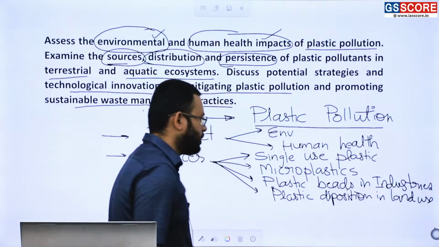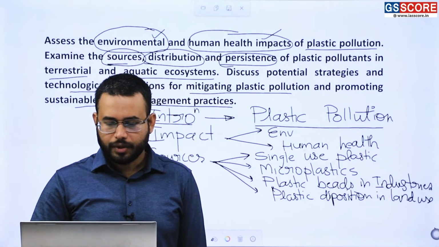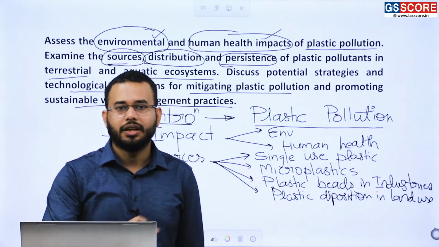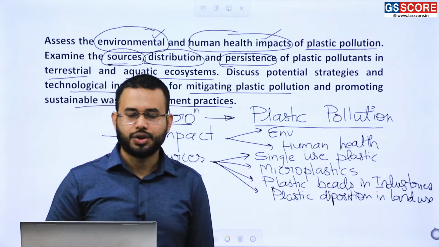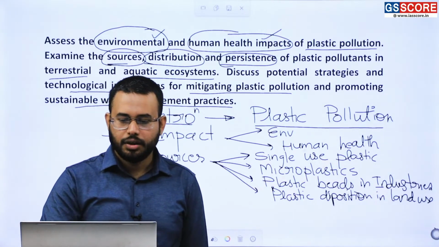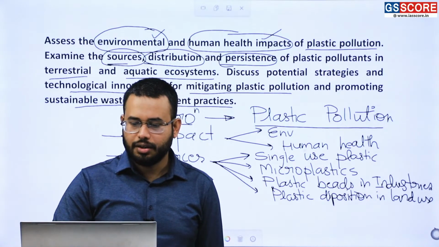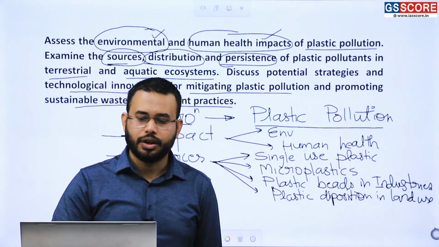So these are the major sources you can talk about of the plastic pollution. Land-based activities basically incorporate the improper disposal of plastic waste, littering and inadequate waste management. So this leads to soil pollution as well, especially in the urban areas or in the coastal areas.